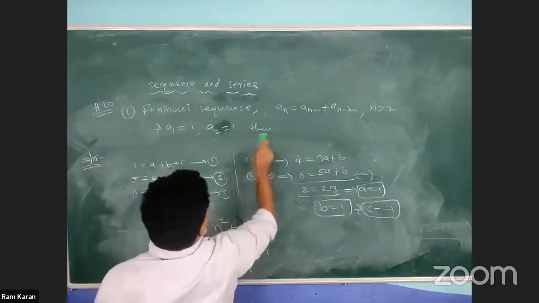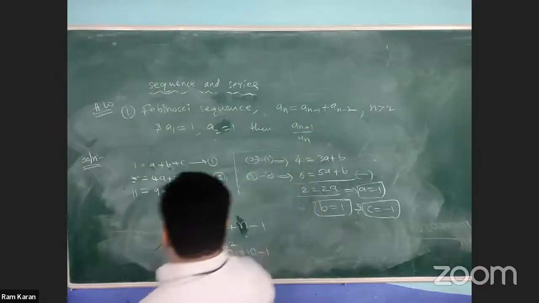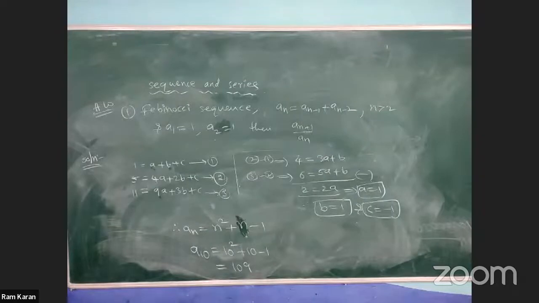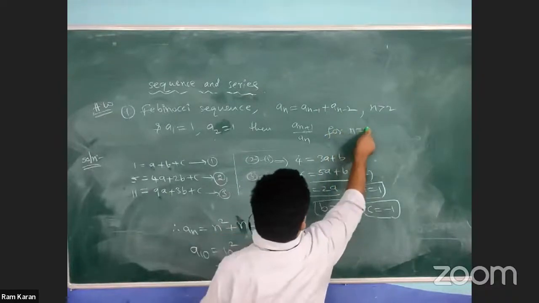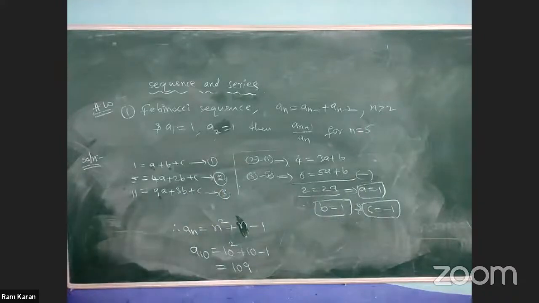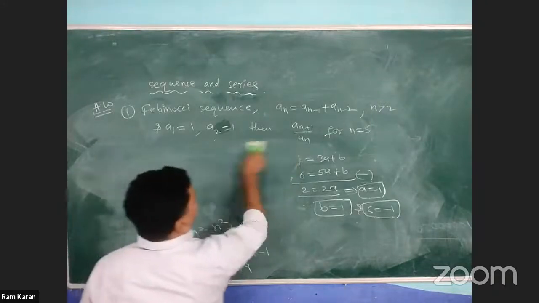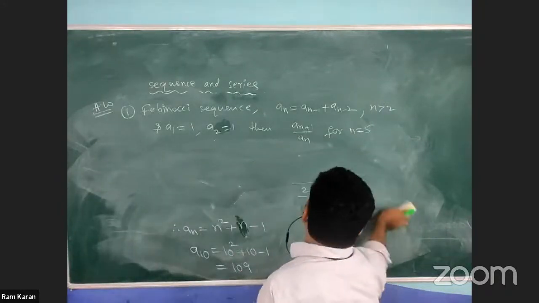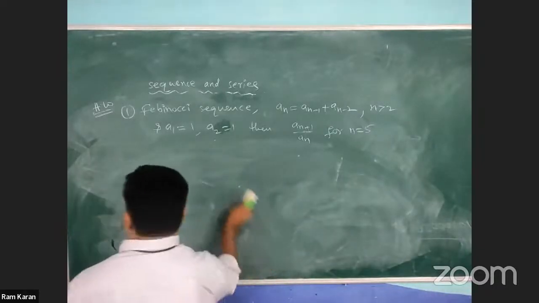Then find out the value of an plus 1 by an for n equals to 5, that is a6 by a5. Try this and then tomorrow.